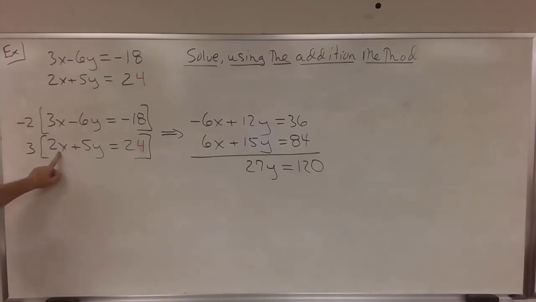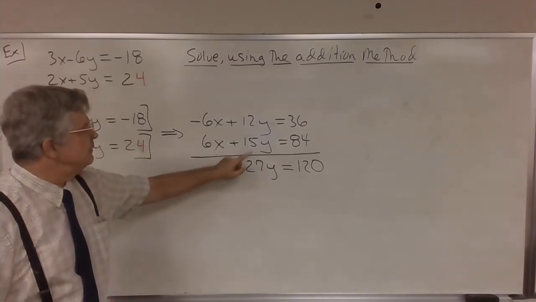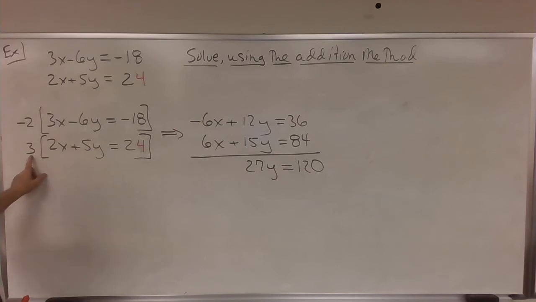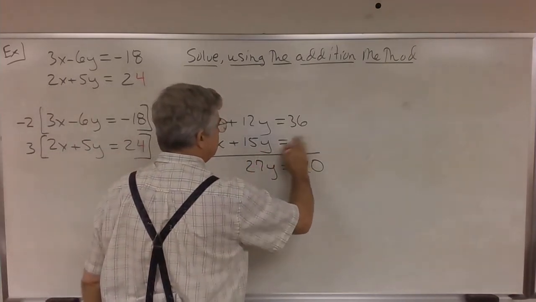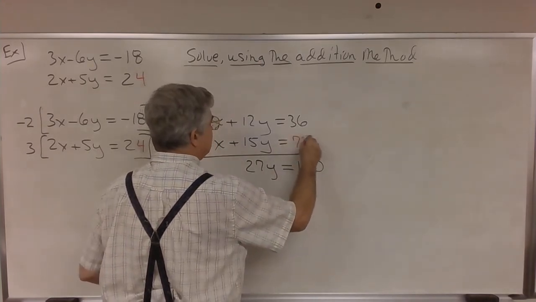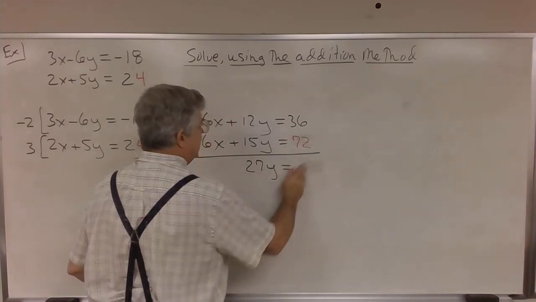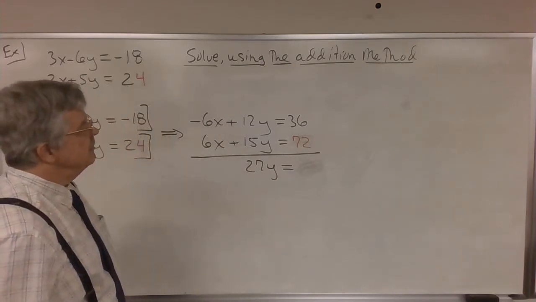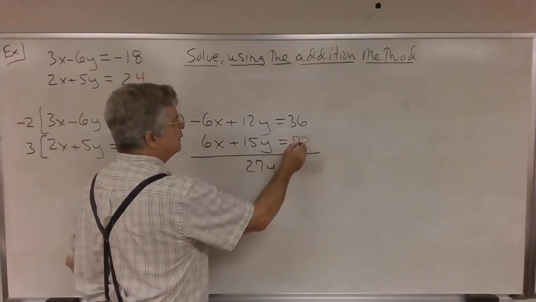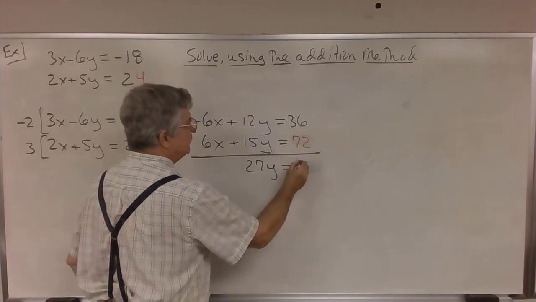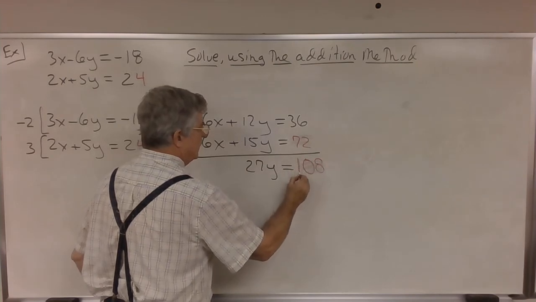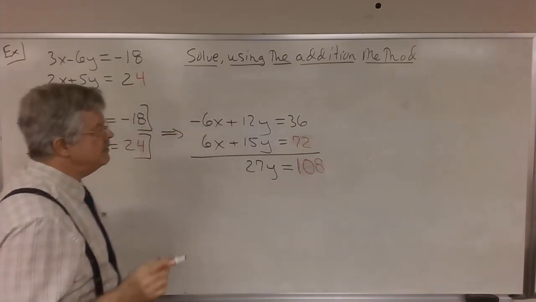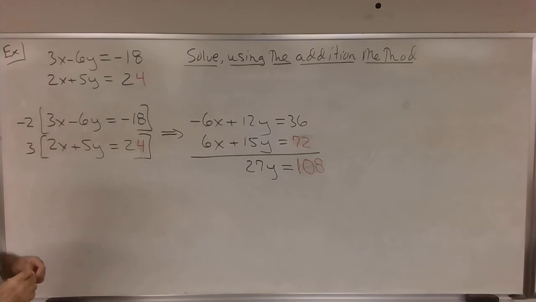I have 3 times 2x is 6x. 3 times 5y is 15y. 3 times 24 is 72. And then I add these together, and let's see. 30 plus 70 is 100. 6 plus 2, 108. Okay. Yeah, I wanted this to be the same exact problem that we did before.